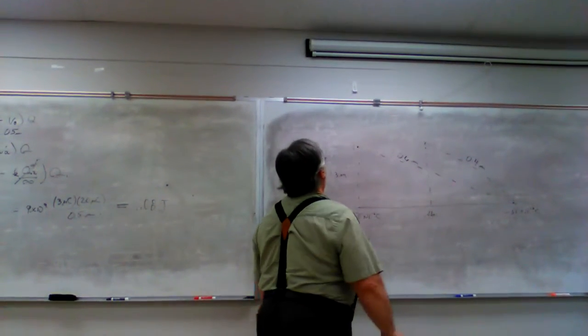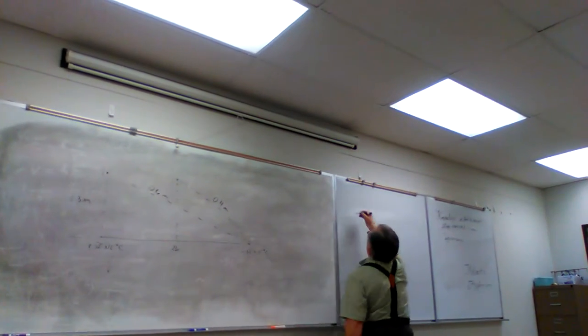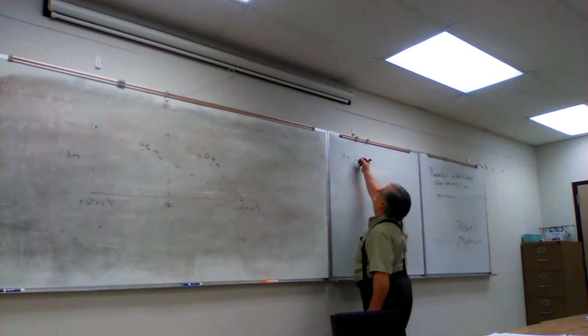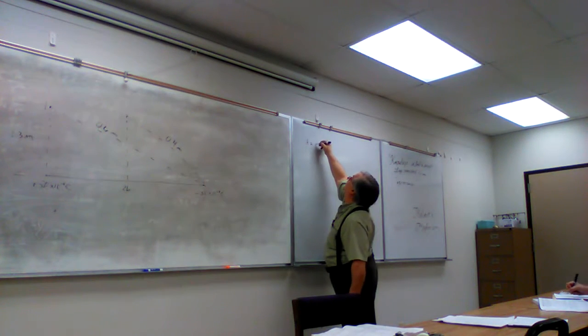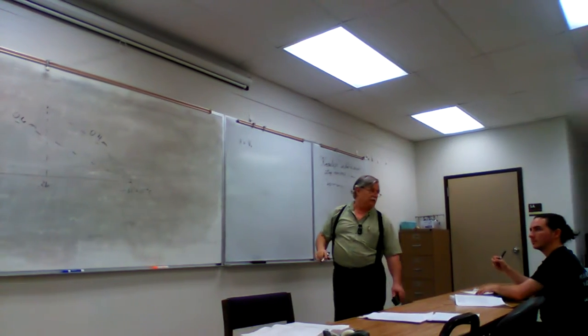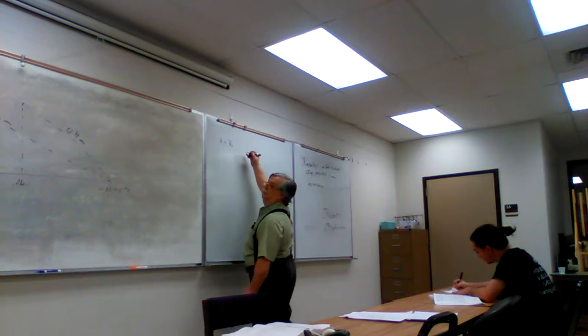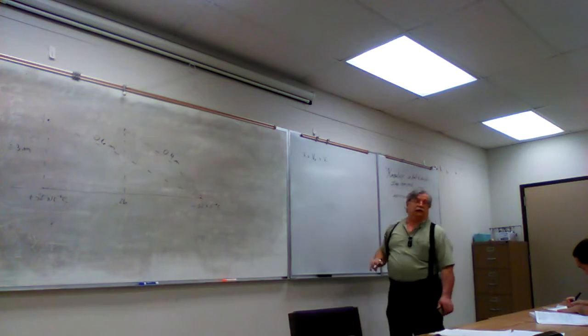So what's the total potential at point A? It's going to be the potential from Q1, which is the positive charge, the plus 50 microcoulombs, plus the potential from the minus 50.